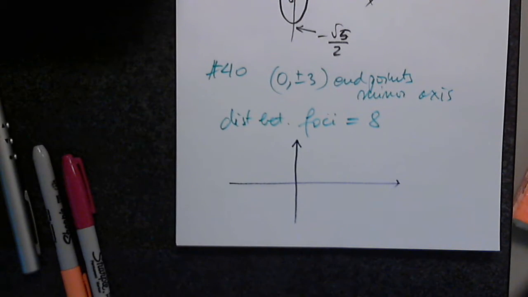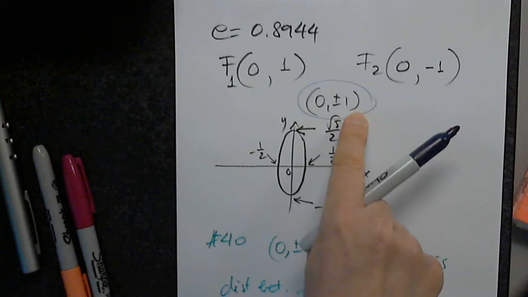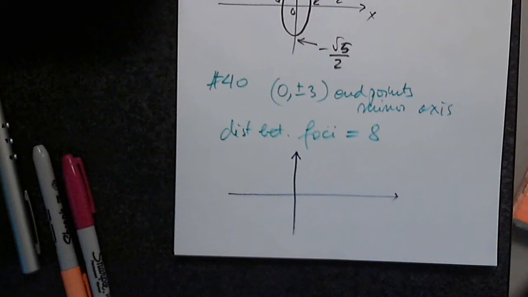Okay, so first thing I'm looking at 0 plus or minus 3. If the foci are 0 comma plus or minus 3, that was a perfect question you had, Paul, because that's how the book shows it, instead of presenting them like that. So if I know that the coordinates of the foci are 0 comma 3 and 0 comma negative 3, where is the major axis then?